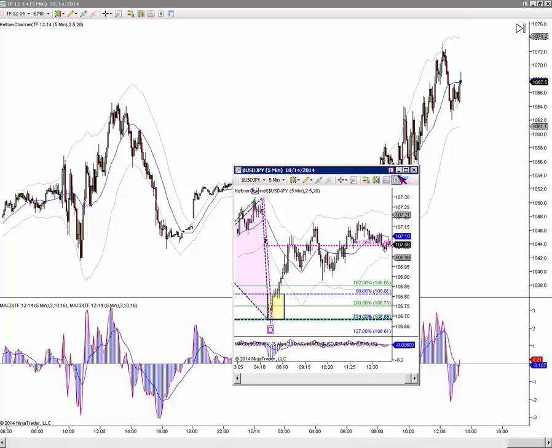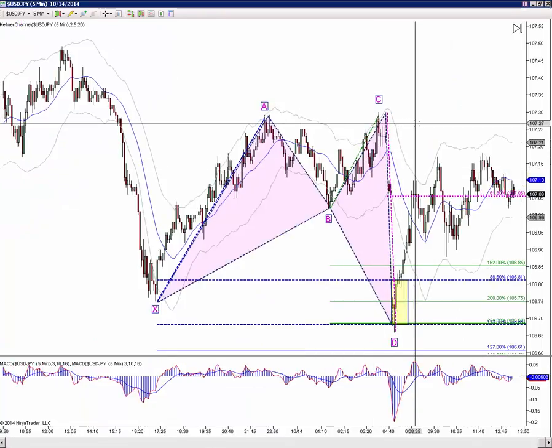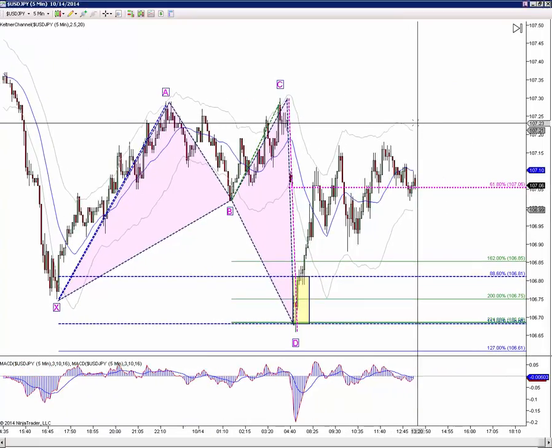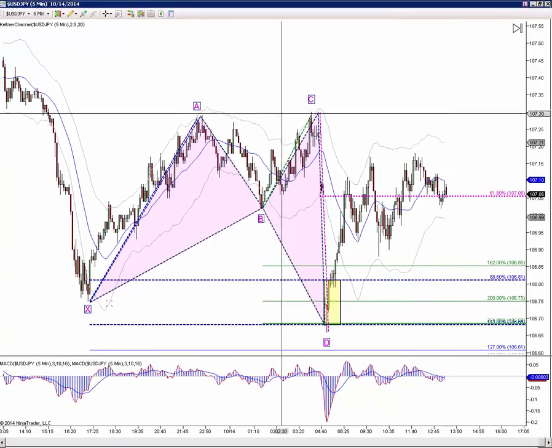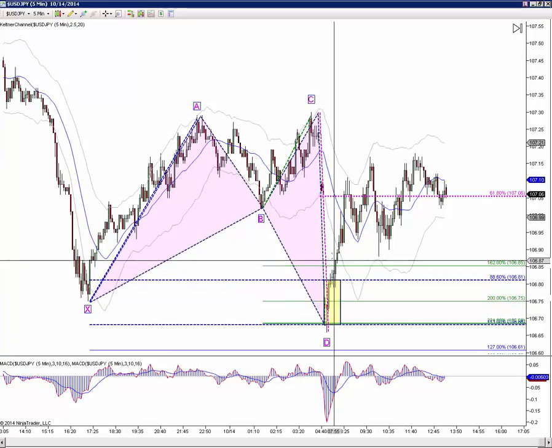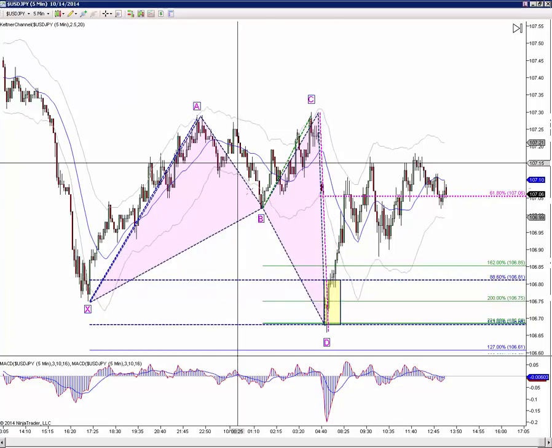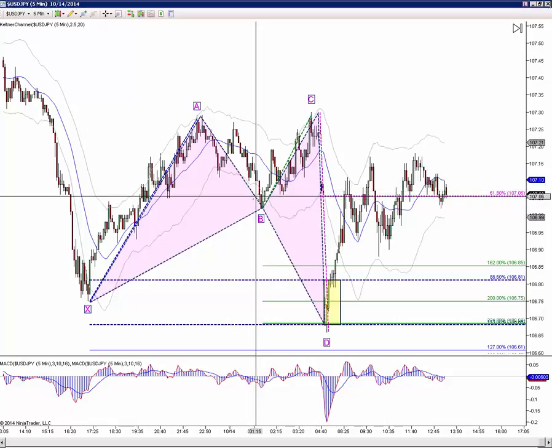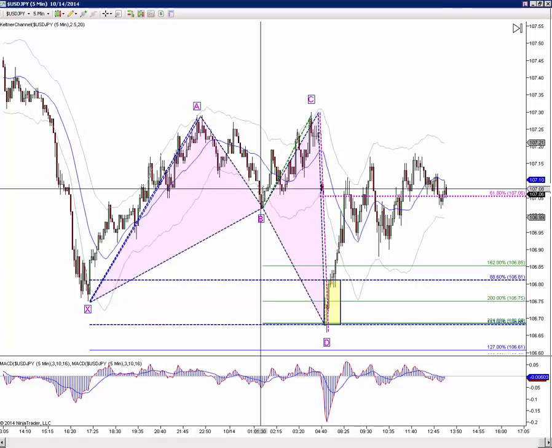Okay, we did an early class this morning when we first logged in this morning. All right, so let's go here and take a look at this. This is considered a shark pattern, but it's all a derivative of the Gartley. It's all based on the Gartley. It's all based on Elliott, however you want to look at it.